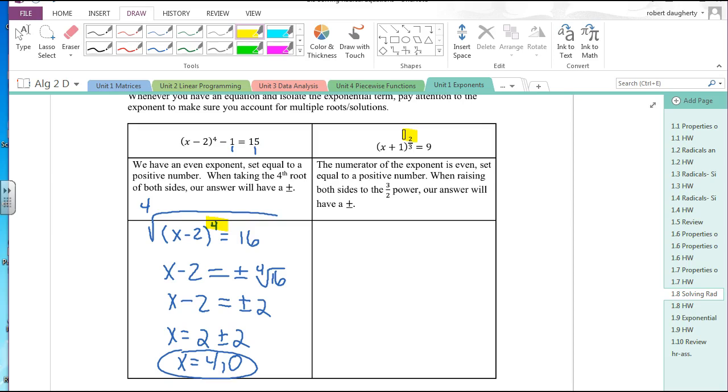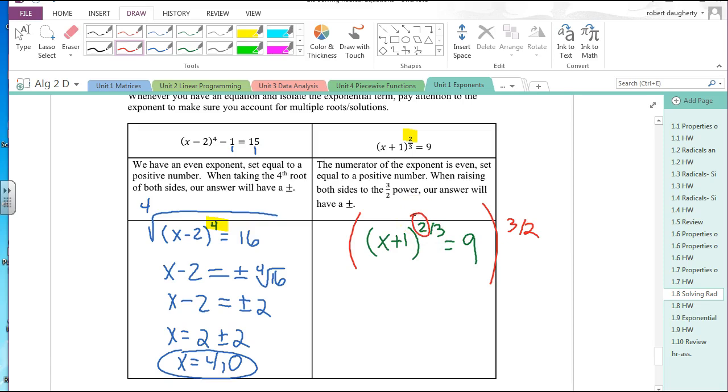So now, if I look at this next one here, x plus 1 to the 2/3 equals 9. What power will I raise this to in order to solve it? To the 3/2 power. And I need to keep in mind that that is an even exponent.